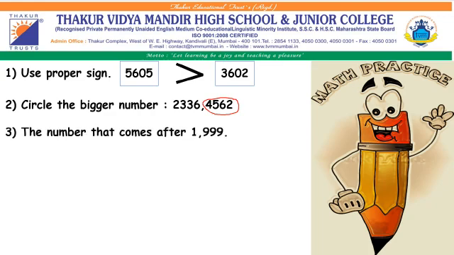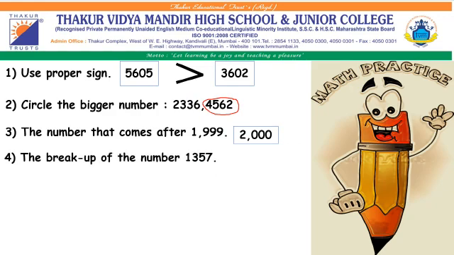The next example, the number that comes after 1999. Students, as your teacher has taught you, whenever you want to get the after number, you should always add 1 to the given number. So, when I add 1 to 1999, I get the answer as 2000.